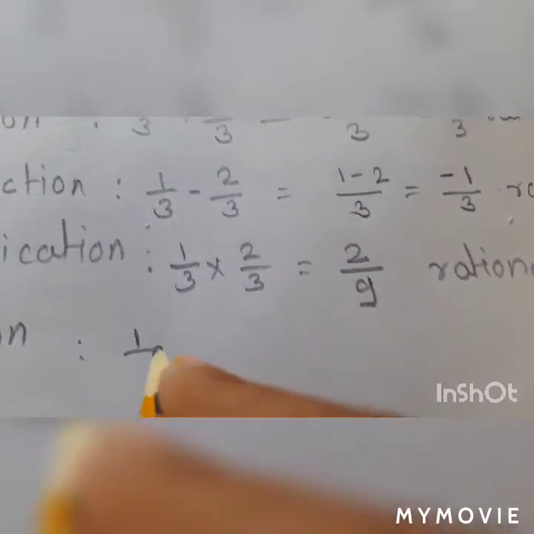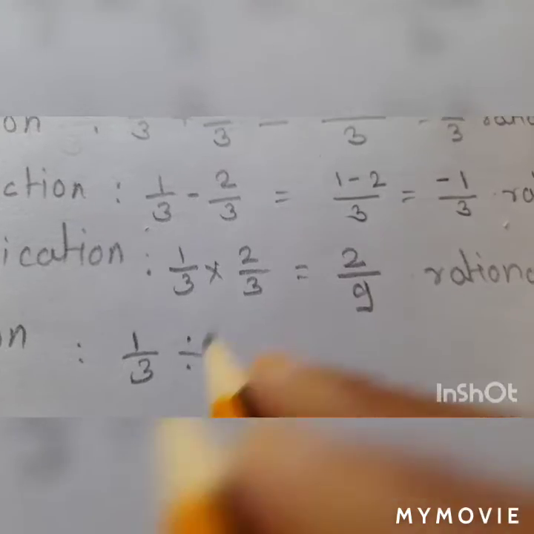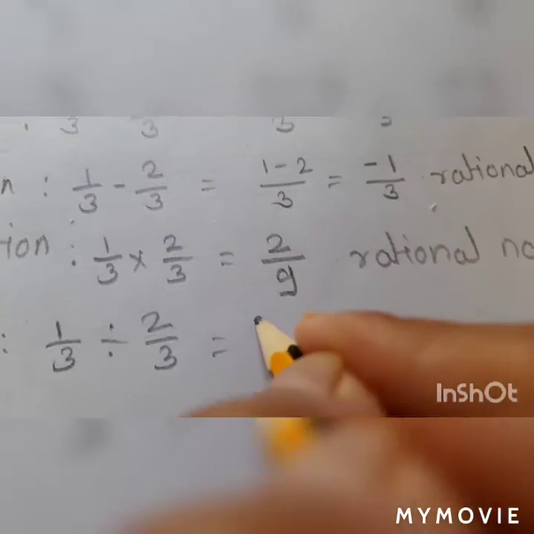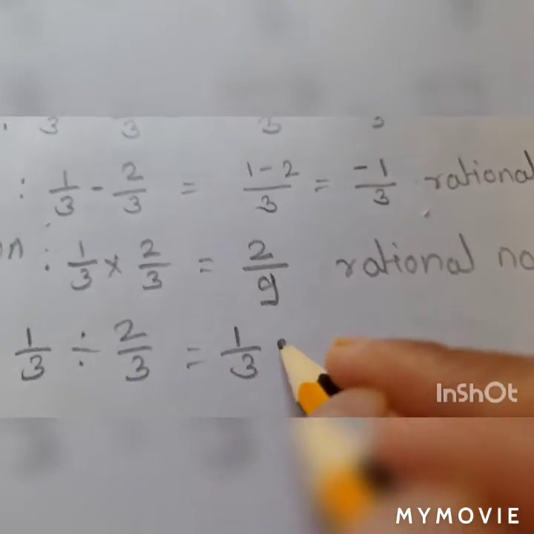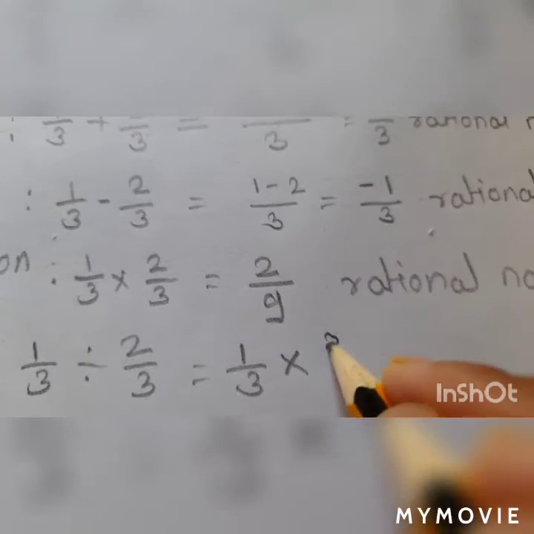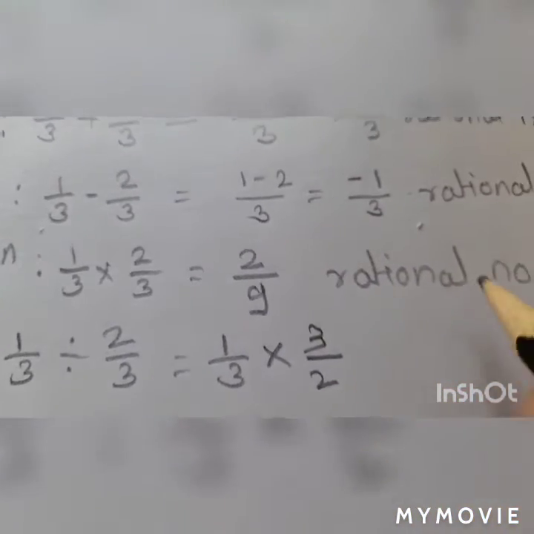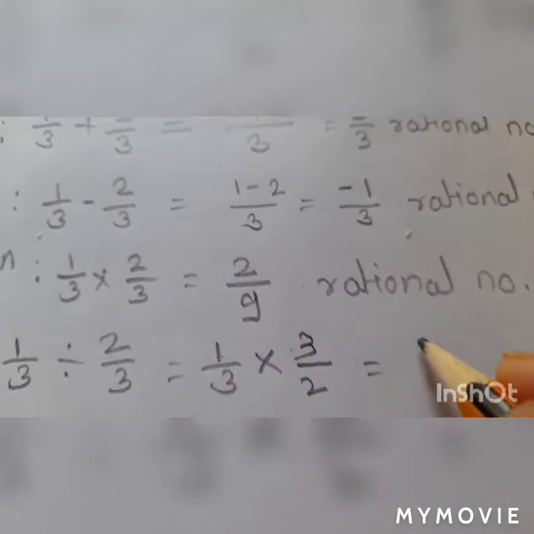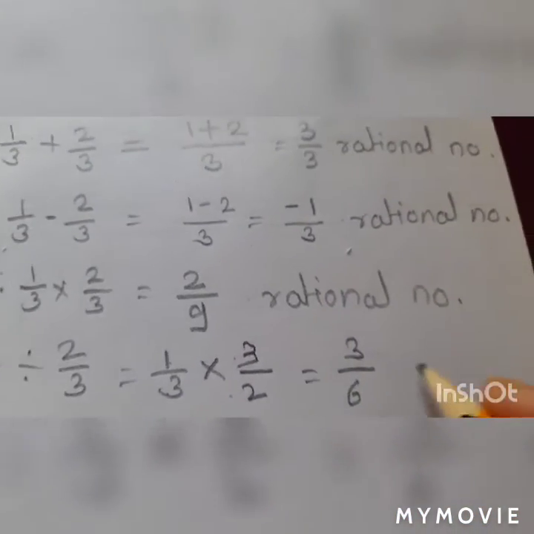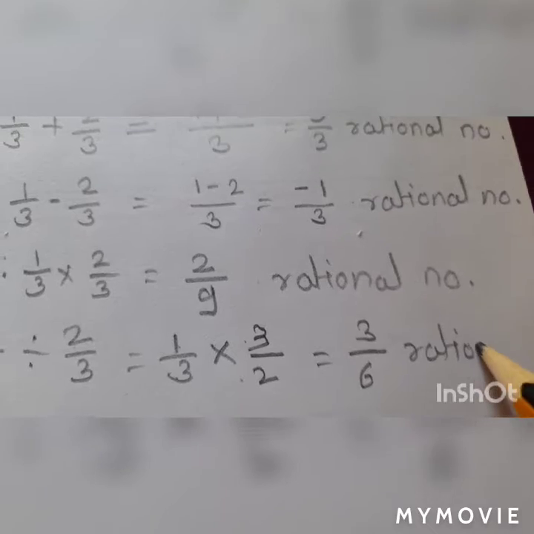Now check division. 1 upon 3 divided by 2 upon 3 is equal to 1 upon 3 as it is. We take a multiplication sign and we take here 3 as a numerator and 2 as a denominator. 1 into 3 is 3, 3 into 2 is 6, which is also a rational number.